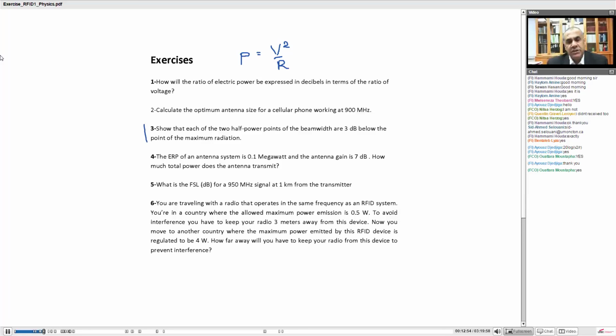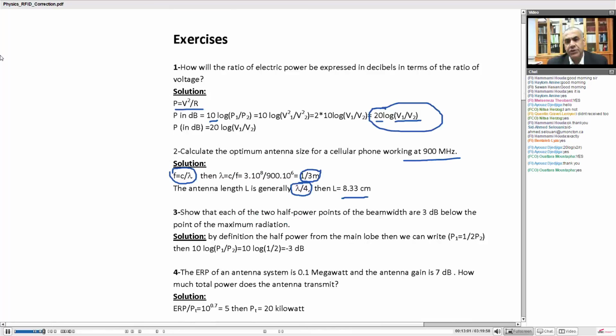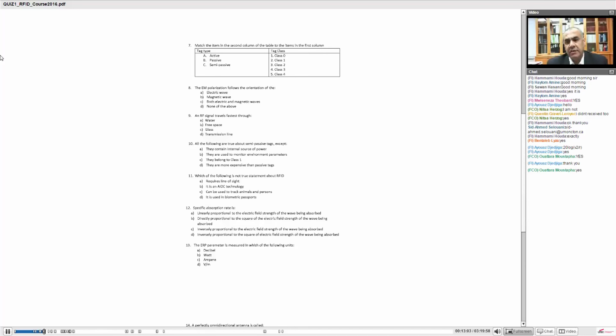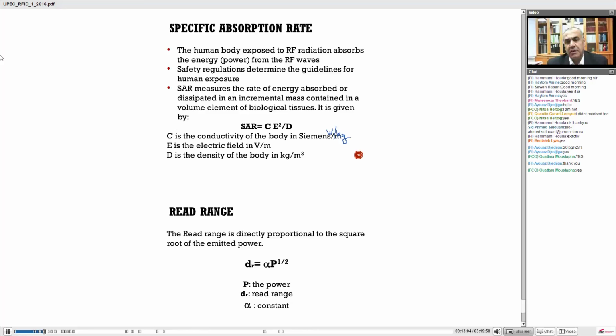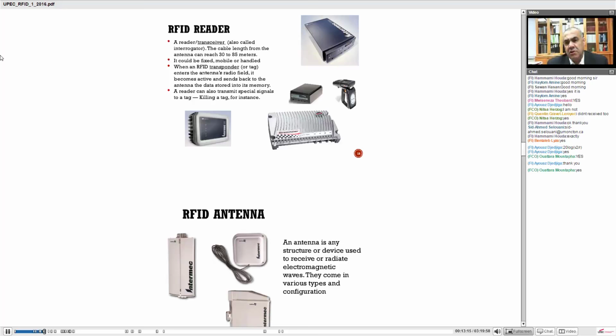We have also discussed the beam width. Remember the beam width. I told you that it corresponds to the angle of the half power of the power sent by the antenna.